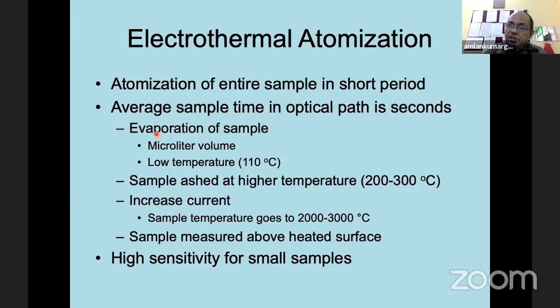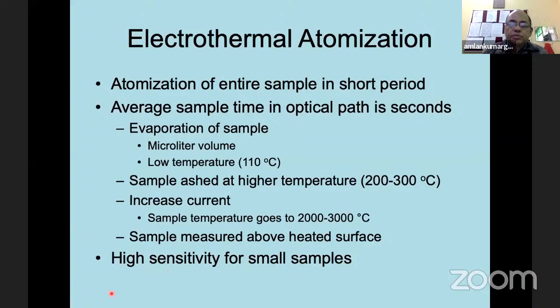The temperature increases slowly. First, at low temperature, it will be evaporated. Then the sample is ashed at 200 to 300 degrees centigrade. And then the current is increased so that the temperature reaches 2000 to 3000 degrees centigrade. Here, the sample will become atoms.